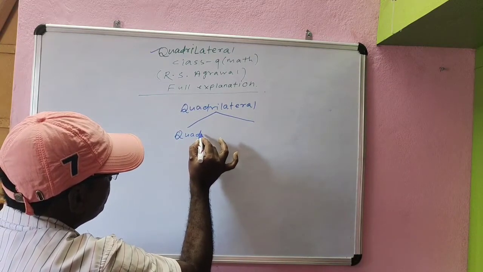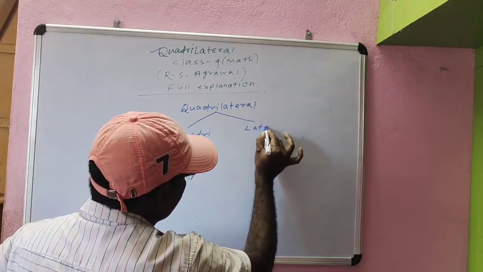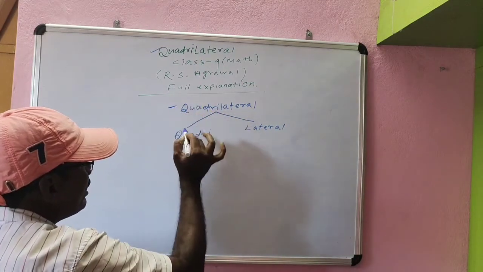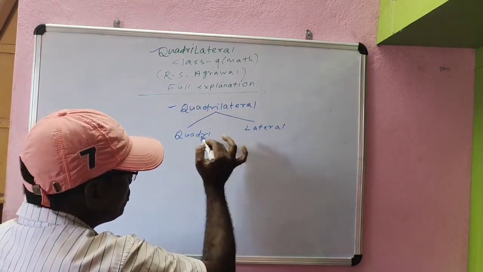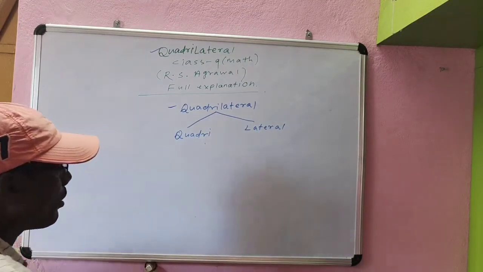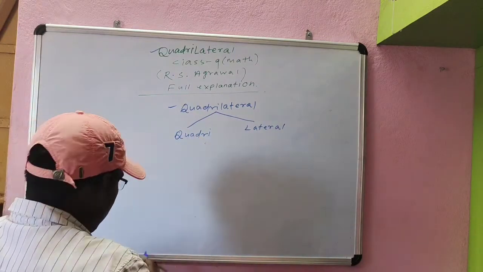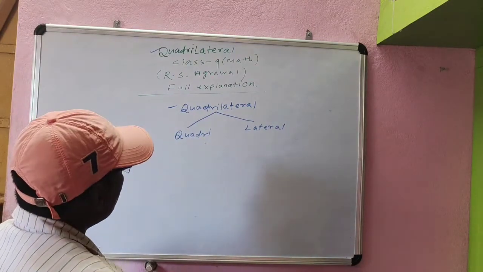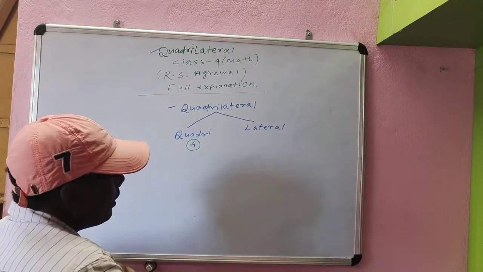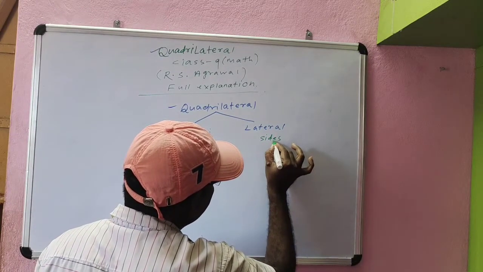The first word is quadri, and the second word is lateral. The word quadri means four, and the word lateral means sides.